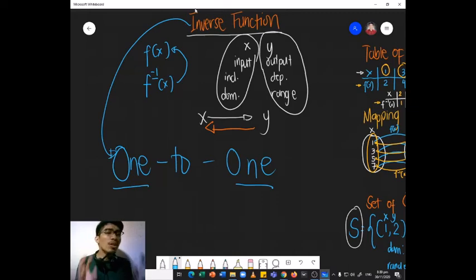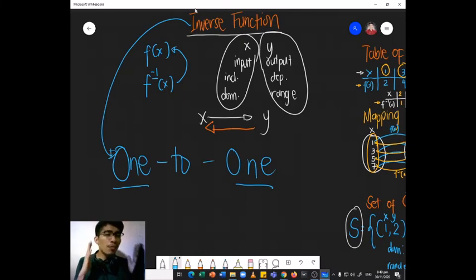Okay, so these are the things that we have to remember every time we deal with the inverse of the function. Again, in summary, when we talk about inverse, it is simply the interchanging of roles between x and y.